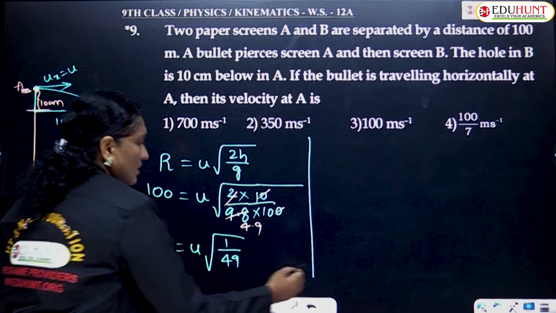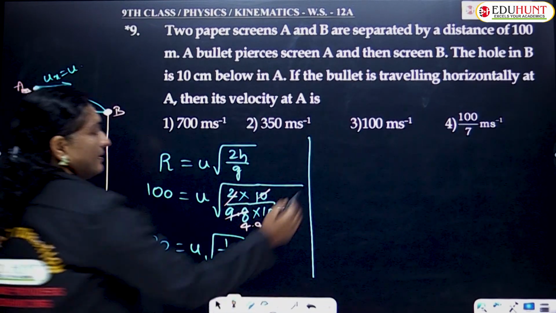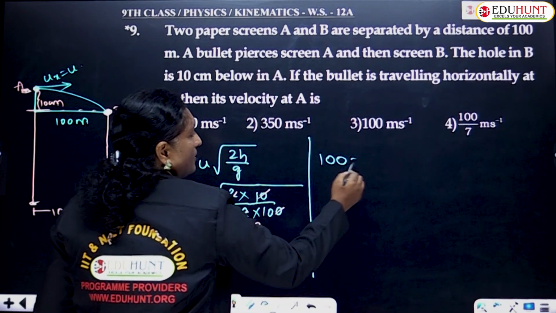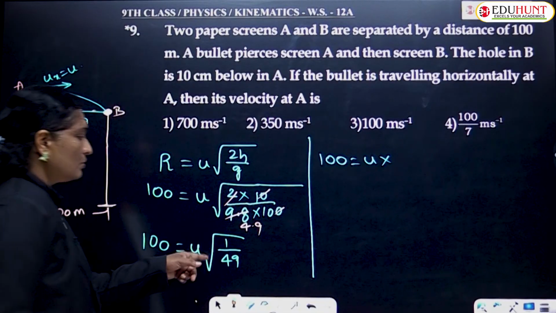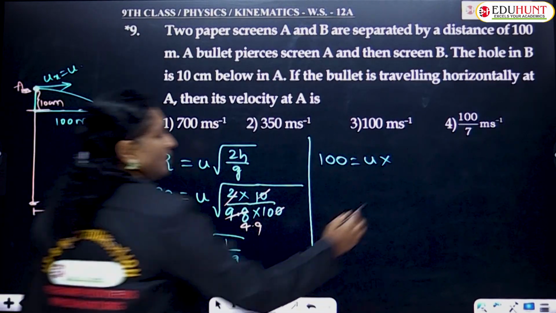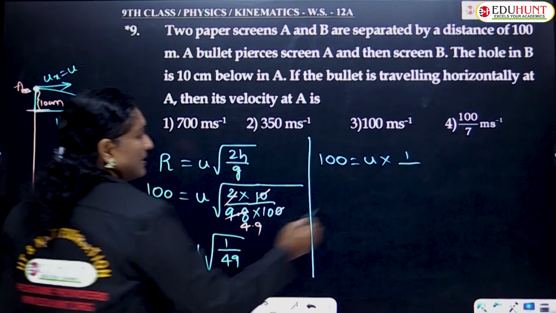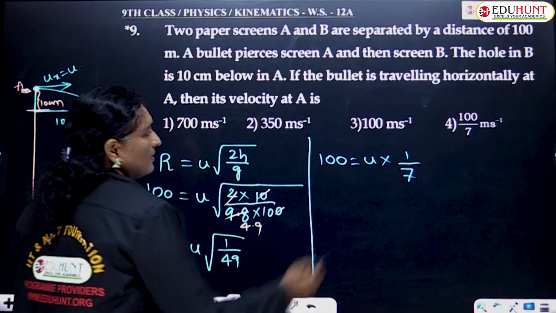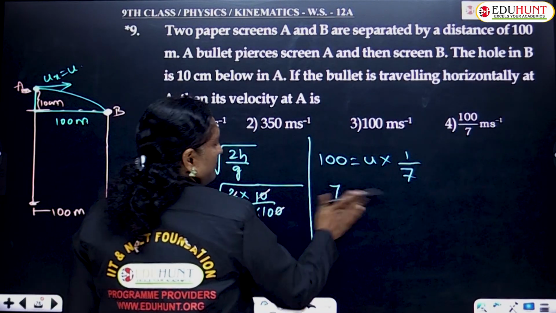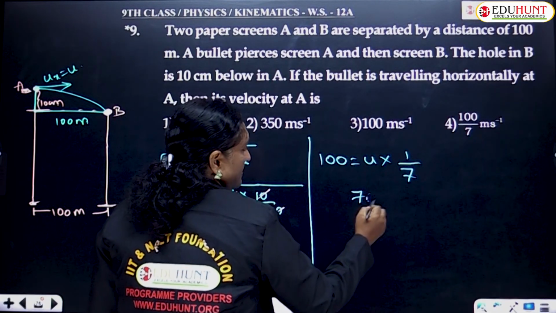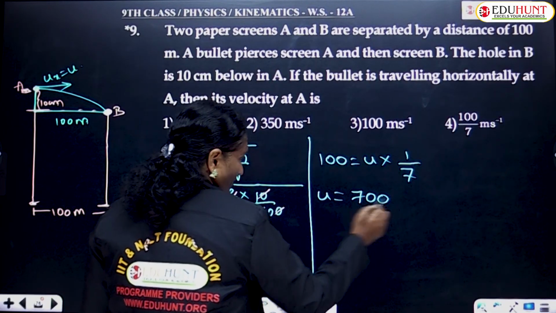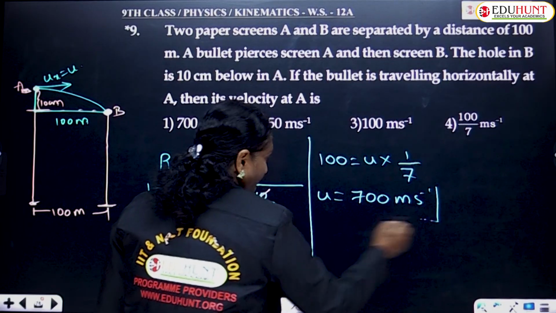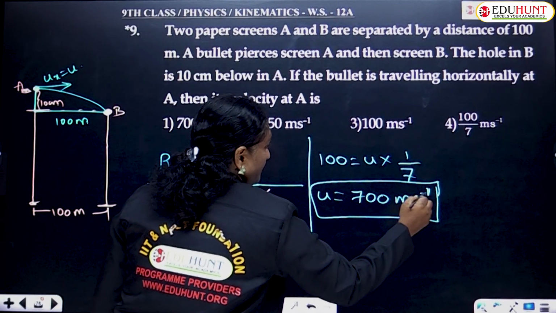So 100 can be written as u into root over 1 is 1 and root over 49 is 7. Bringing the 7 here, we have 7 into 100 is 700. Hence the value of u is found to be 700 meter per second.